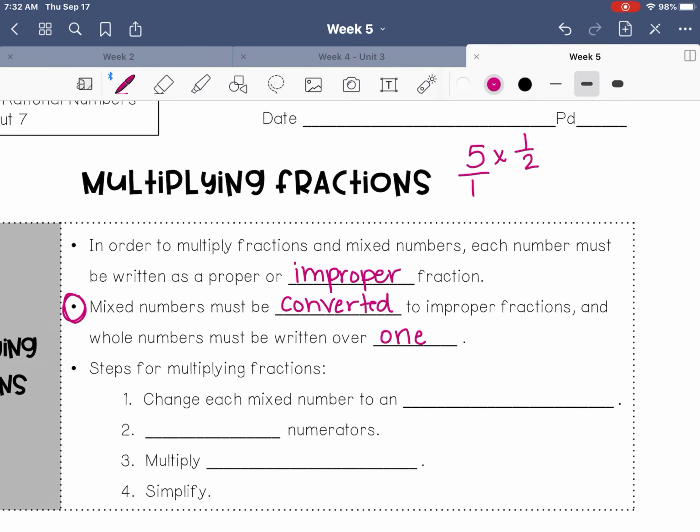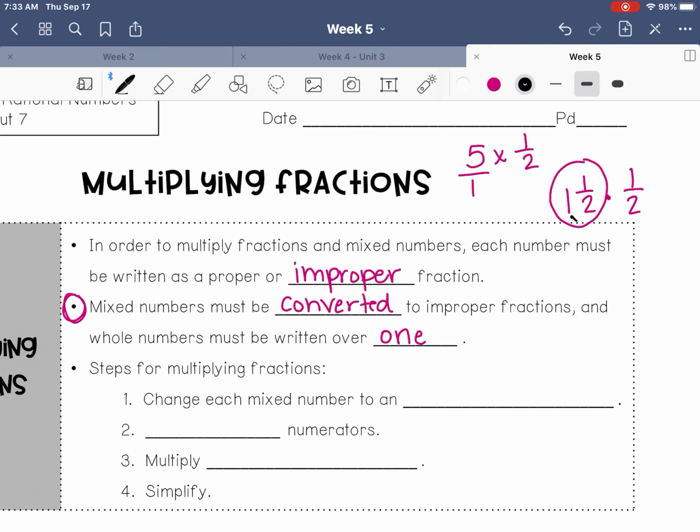If you're multiplying a mixed number times a fraction, you first have to change this to an improper fraction. This is something you should have learned earlier on. Hopefully you remember how to change that to improper, but in case you don't, the steps are these.